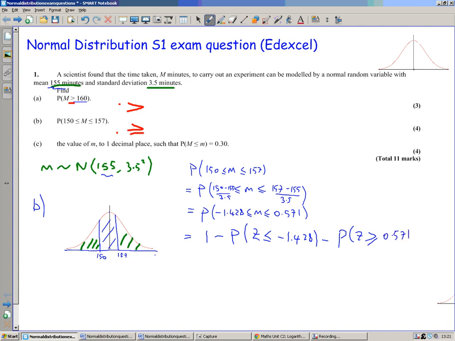From the diagram, we've seen that. Can you see it? Yeah, the whole area is 1, so the green bits were just taken away. That's the green bit to the left, and that's the green bit to the right.